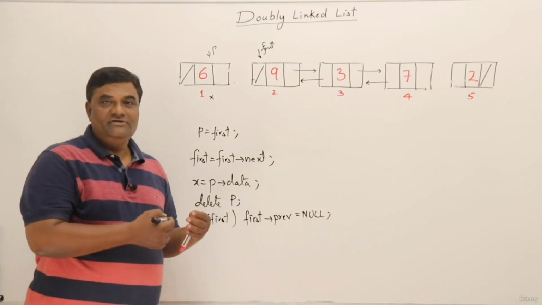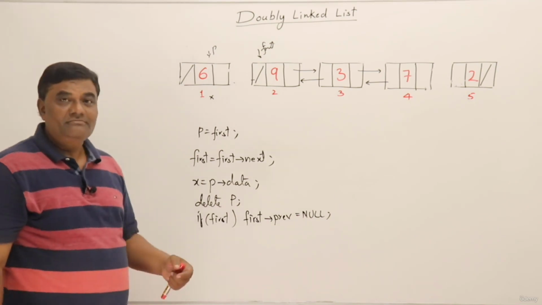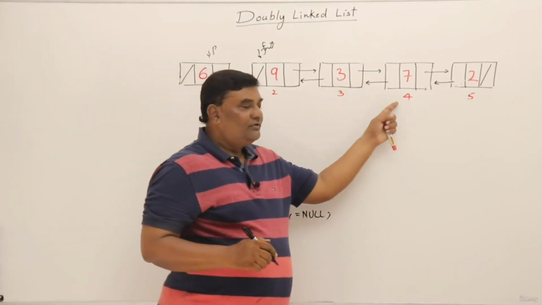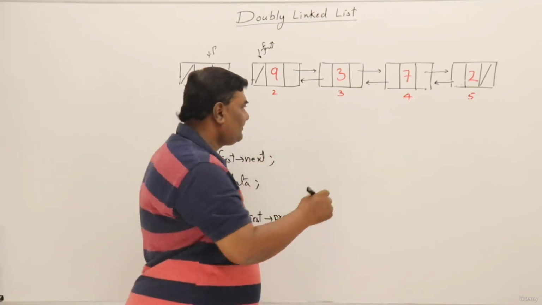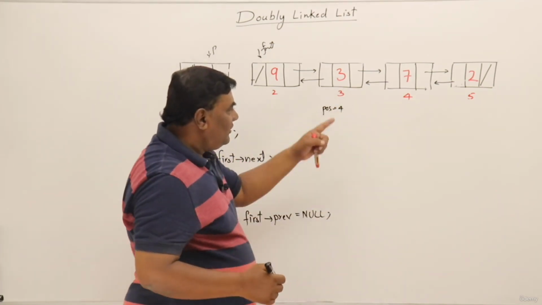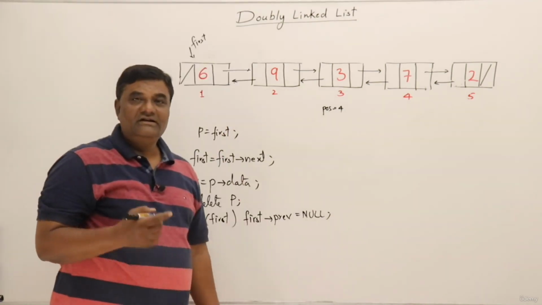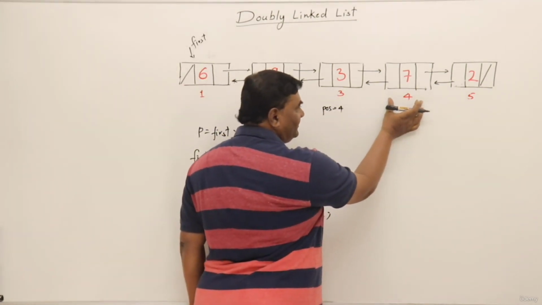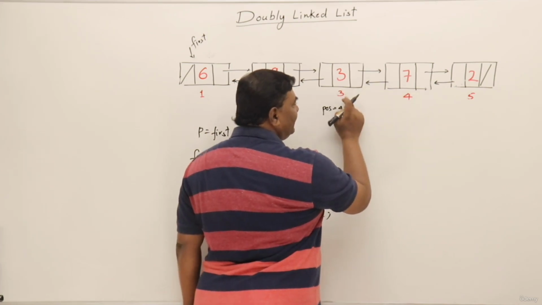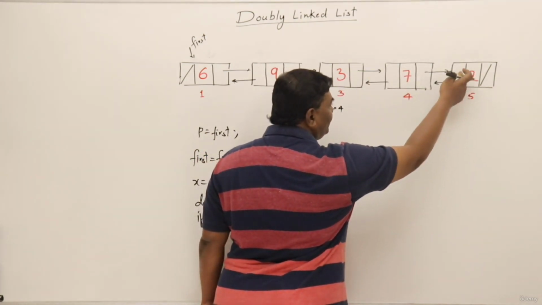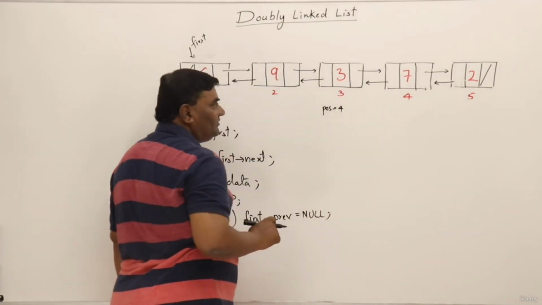Now let us see the procedure for deleting a node from a given index. Suppose I want to delete the fourth node. Position is 4. How to delete that node? Let us see the procedure. If I have to delete the fourth node, then the third node should point to the fifth node and the fifth node should point to the third node.